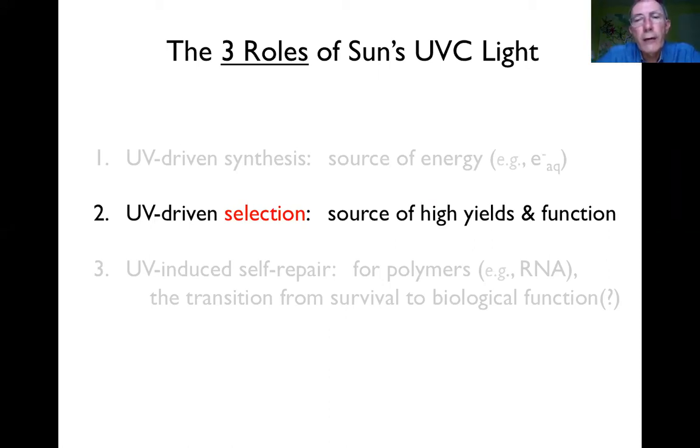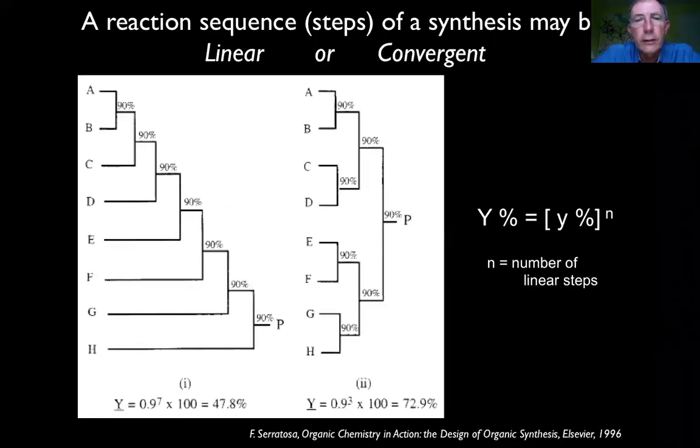If you have at every step a fairly low yield, you end up dead in the water, because generally speaking, it goes as the average yield to the power of the number of linear steps.